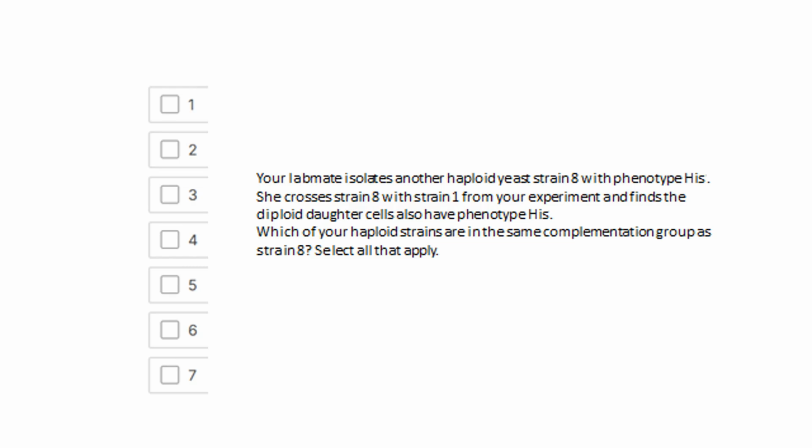So here is an example question to understand the complementation group. If your lab mate isolates another haploid yeast, strain 8, with phenotype histidine minus, she crosses strain 8 with strain 1 from your experiment and finds that the haploid daughter cell also has phenotype histidine minus.